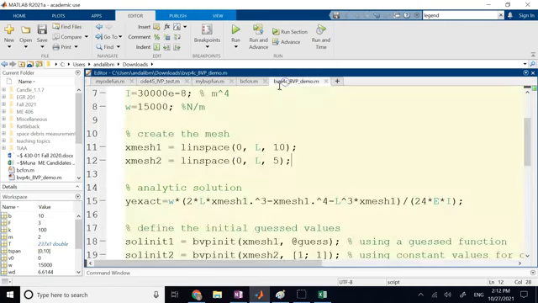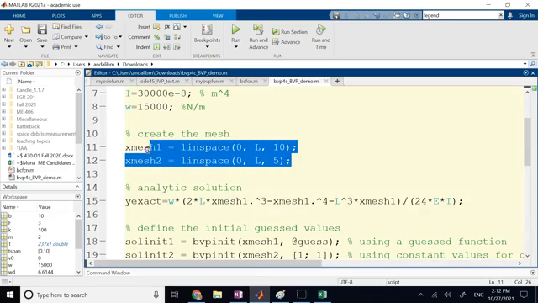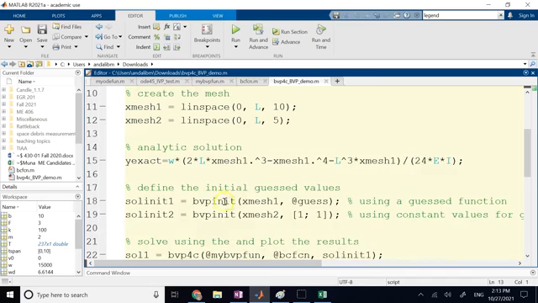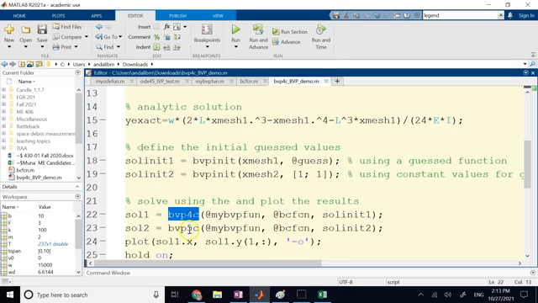In this script, I'm using 2 different types of meshes. In one of them, I bring the whole range into 5 elements. In the other one, I make it 10 elements. And then when I call my boundary value solver, bvp4c or bvp5c, right? They are the same solver, as I said. This one is a little bit more accurate.